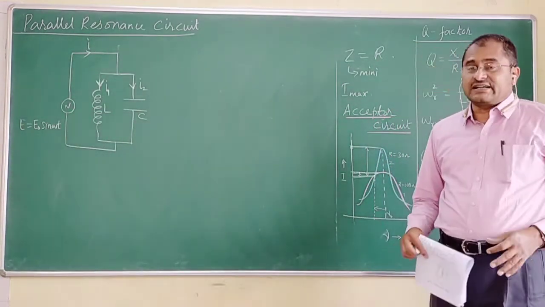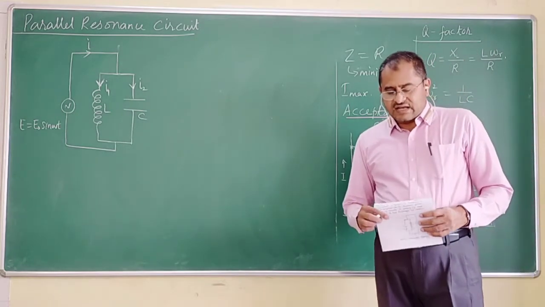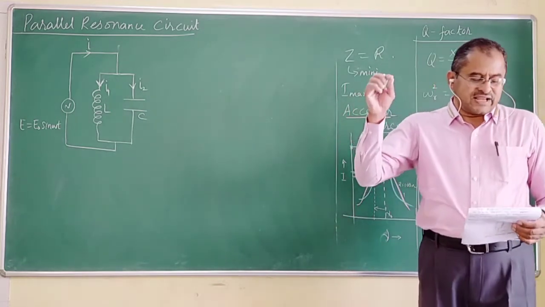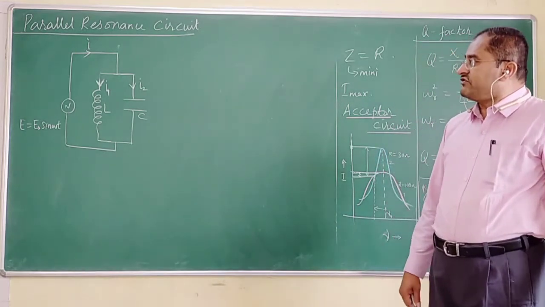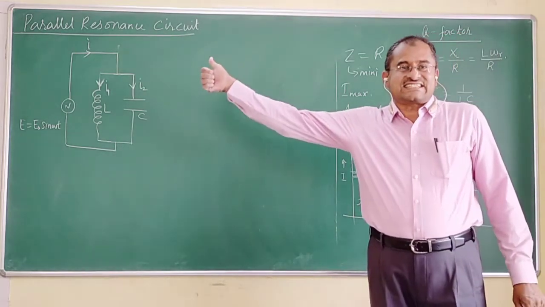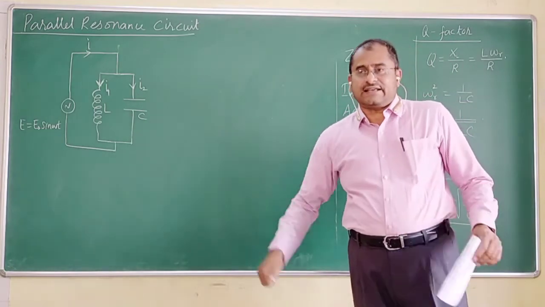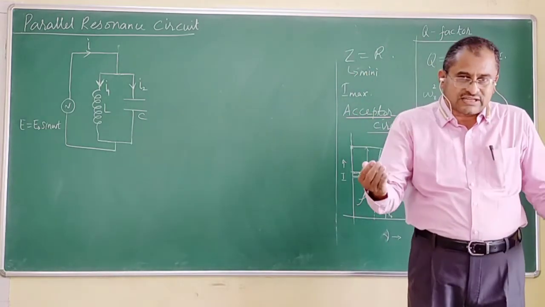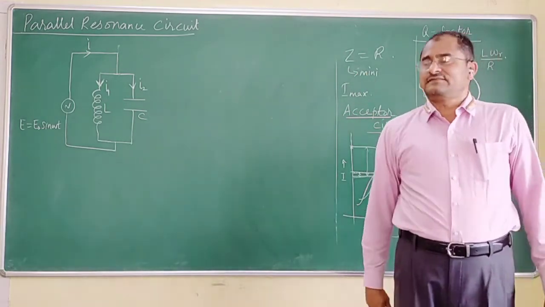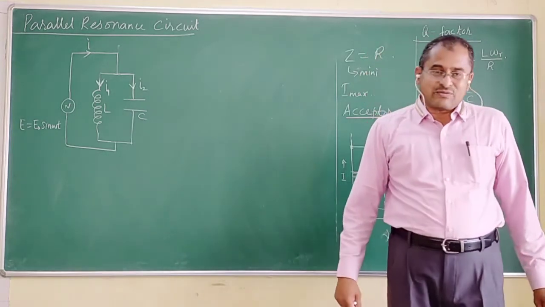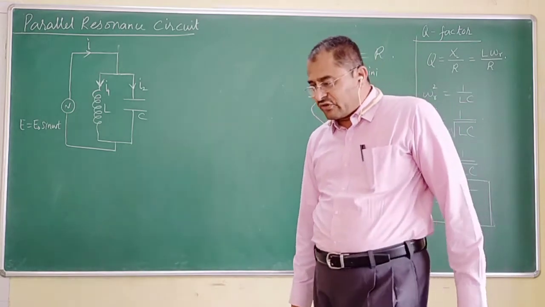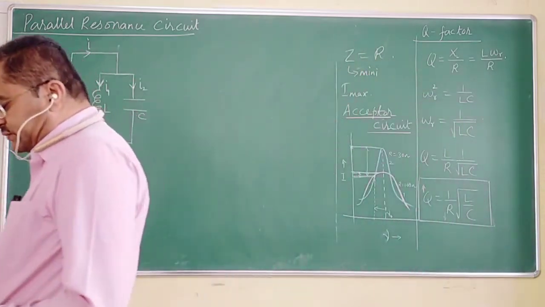We assume here the resistance R of the inductor to be negligibly small. The instantaneous total current in the circuit I have taken as I. The current flowing through the inductance is I1 and that flowing through the capacitance is I2.